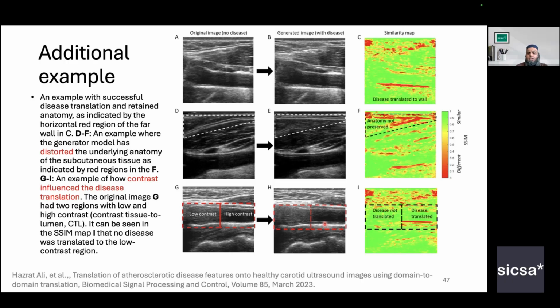So on the right side, we see a lot of differences between domain A and domain B, but on the left side we don't see much difference. So it does show that the high contrast of the ultrasound image itself was quite helpful for the model. The model was able to pick those regions and insert the plaque or the behavior of the plaque in those regions where the contrast was high.